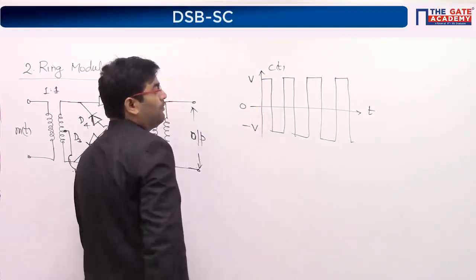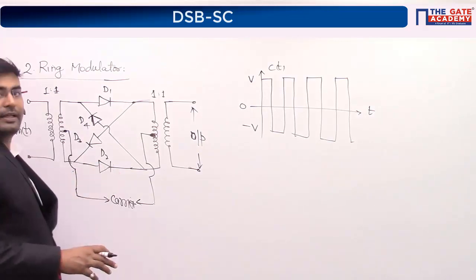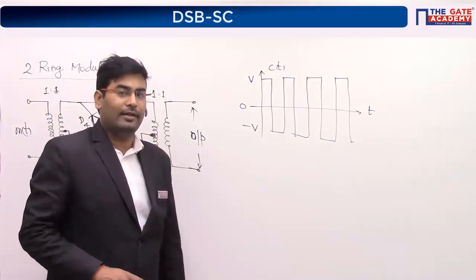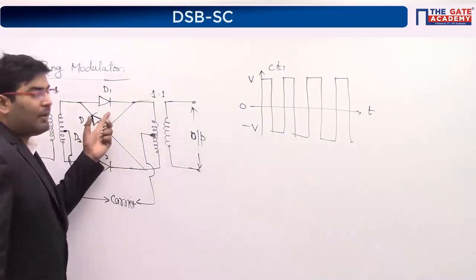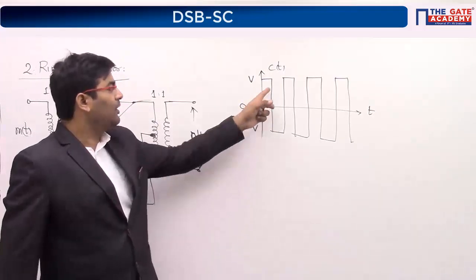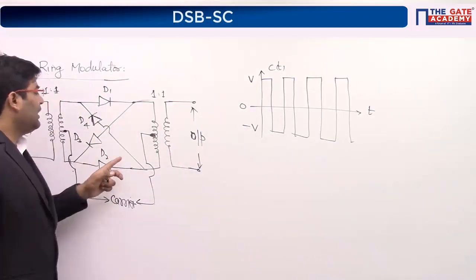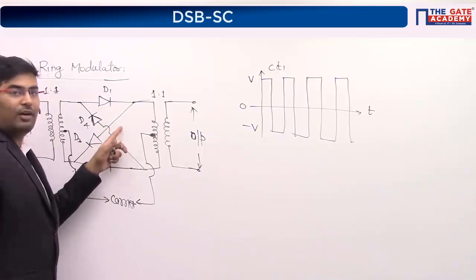This is 0. Now guys, these diodes' polarity is being controlled by the carrier polarity. Correct? So a diode will be forward biased or reverse biased depending totally on the carrier. If it is the positive cycle, these will be forward biased. If it is the negative cycle, these two will be forward biased, right?